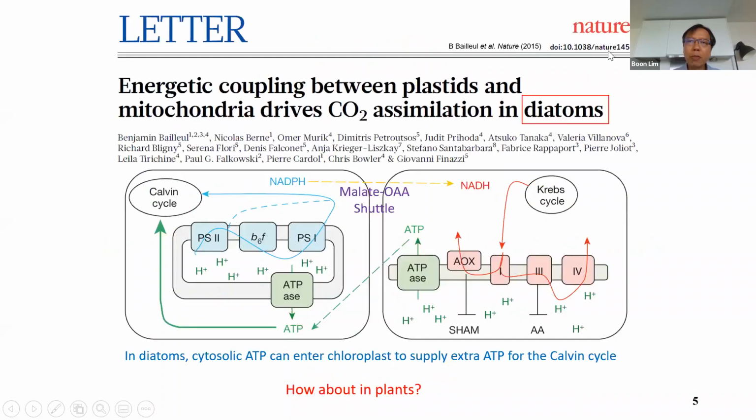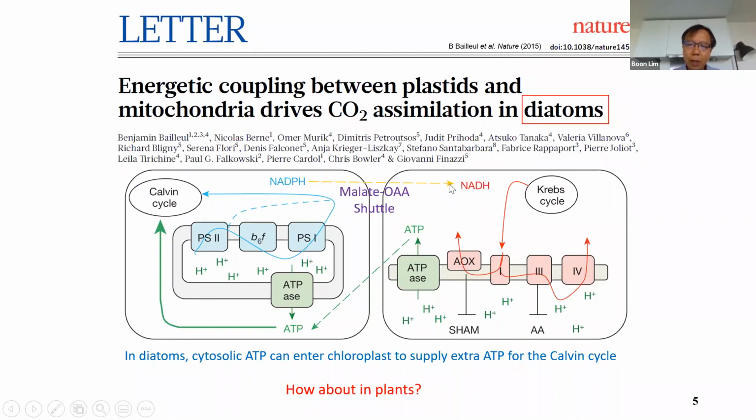In this 2015 Nature paper, they studied diatoms, and in the diatoms, this is the chloroplast. The surplus NADPH can be converted into malate, which is then exported to the cytosol, and then imported into the mitochondria to release NADH.